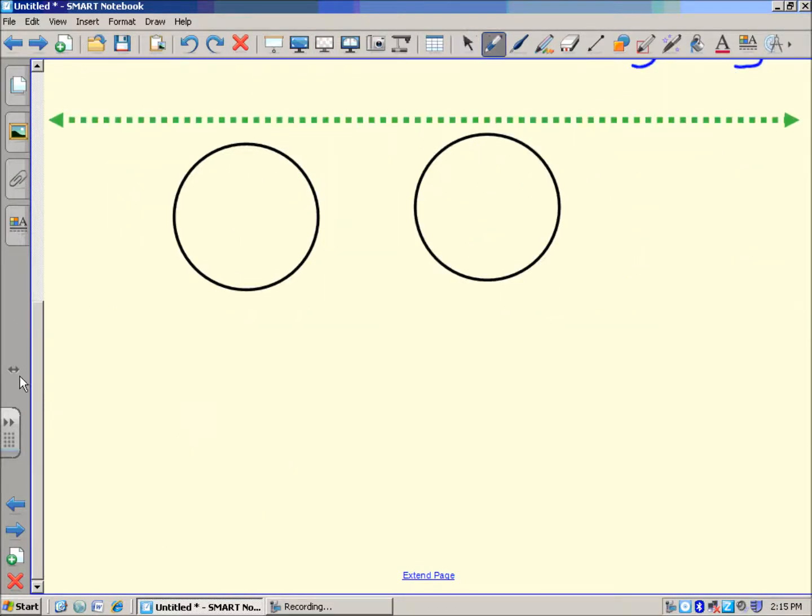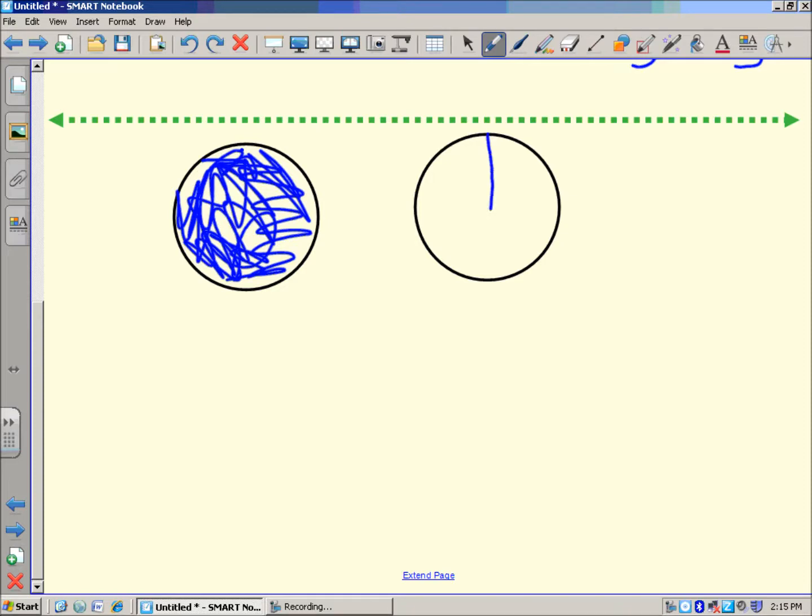Again, we've got 1 whole, and then we've got 5/6 of another. So I'm thinking, okay, I've got to divide that into 6 equal parts. Try to divide this fairly evenly. Okay, pretty close.